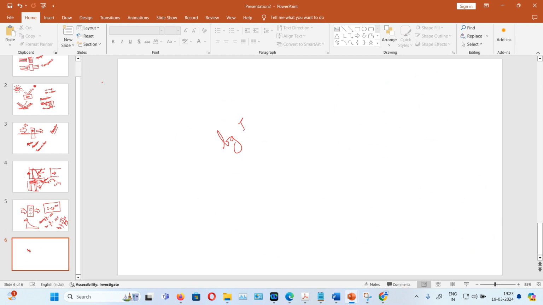This log I naught by I is called the optical density or absorbance. This log I naught by I is called the absorbance of the material.